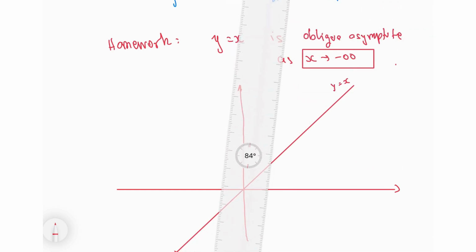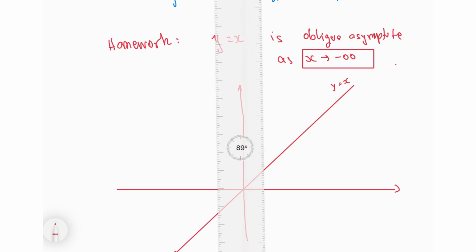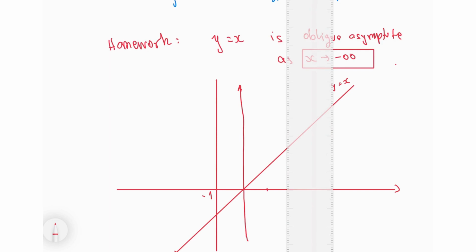Then we have at minus 1 a vertical asymptote. Sorry, this is minus 1. And then at 1 we will have a discontinuity, but a removable one. So we will see how to figure that out.